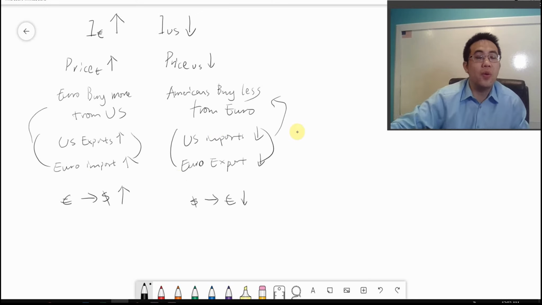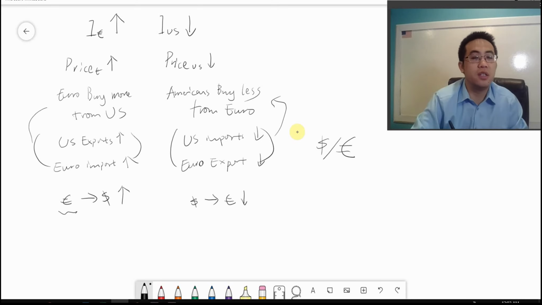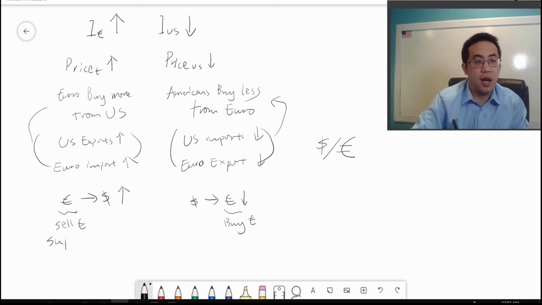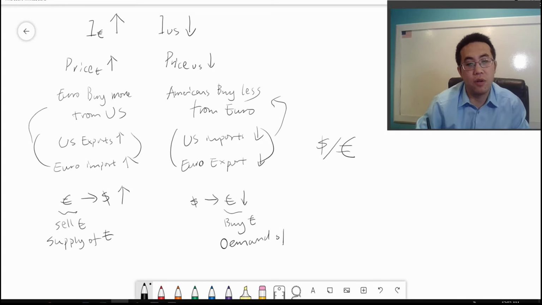So if we want to focus on what happened to the value of a euro in US dollars, then you will need to know this is about selling euros, and this is about buying euros, and this is a supply of euros, and this is a demand of euros.